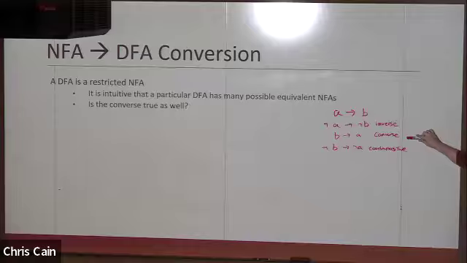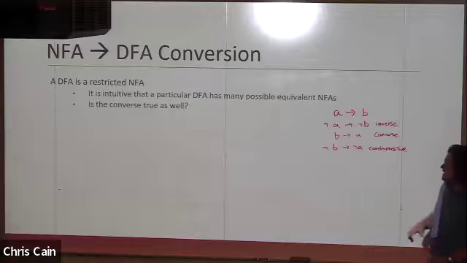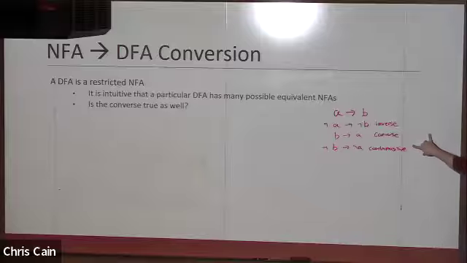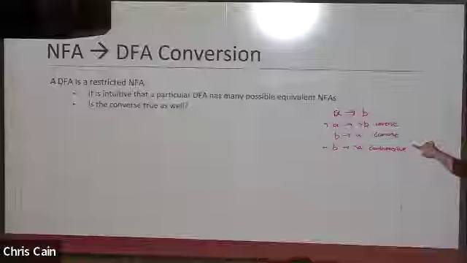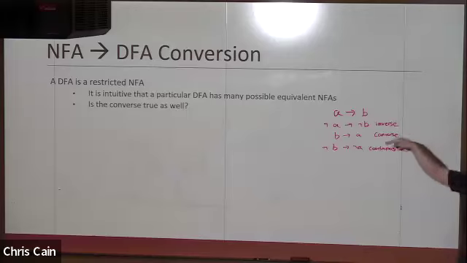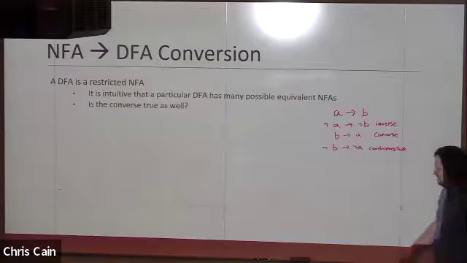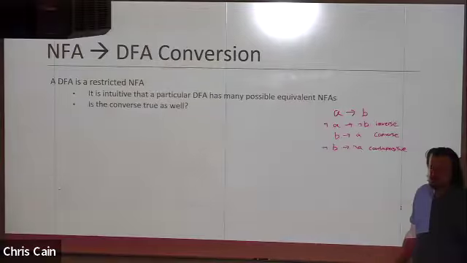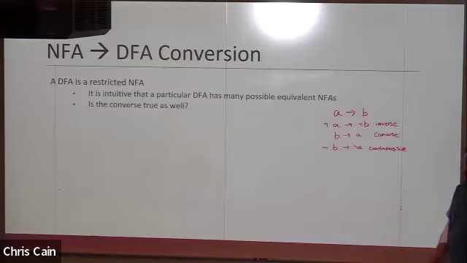All right, so we care here about the converse. So if we say, if we have a DFA, then there is an equivalent NFA. The converse would be, if we have an NFA, there is an equivalent DFA. Is that always true? I've implied that there's at least an algorithm that allows us to convert an NFA to a DFA.